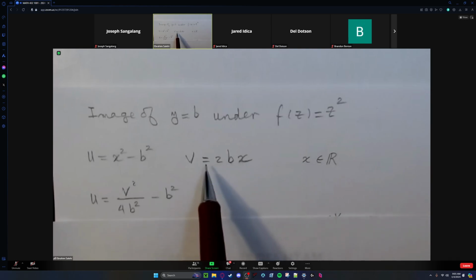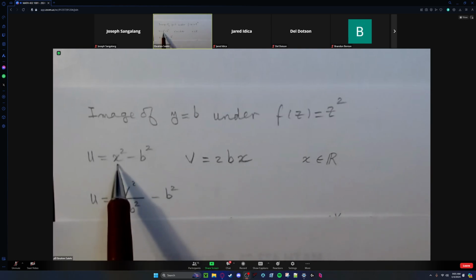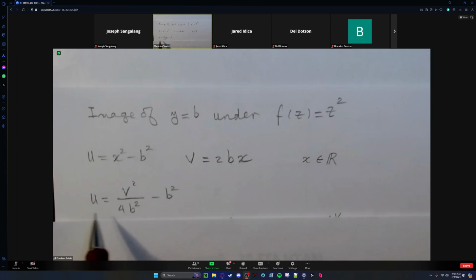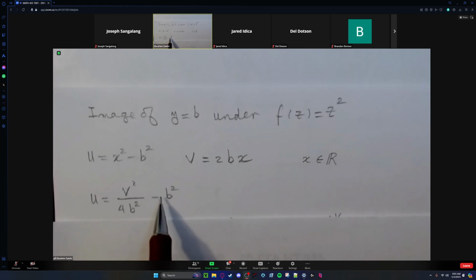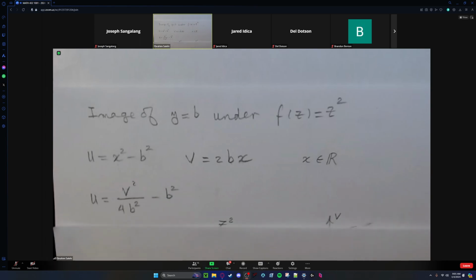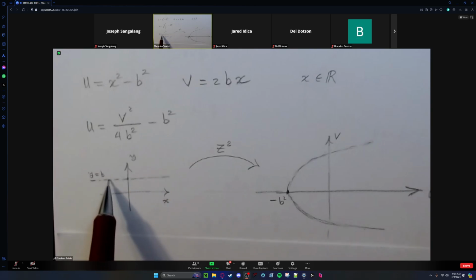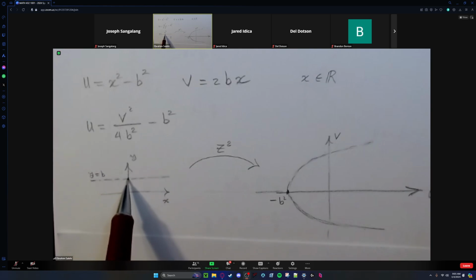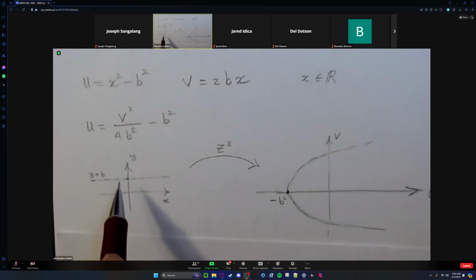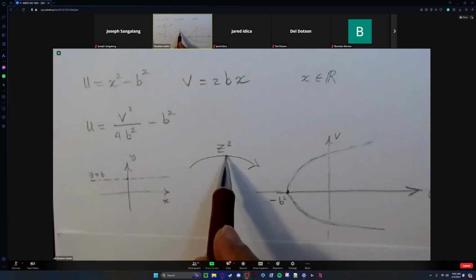You find x from here, plug it in here. You get an equation in u and v. This is again a parabola, but the parabola this time is right here. So this horizontal line, y equal b, you apply z squared.